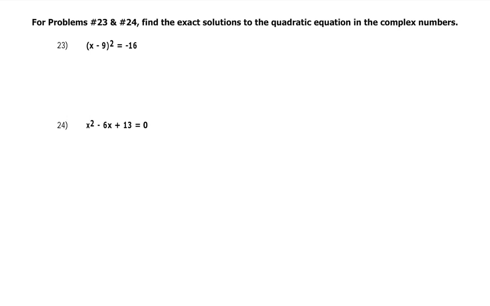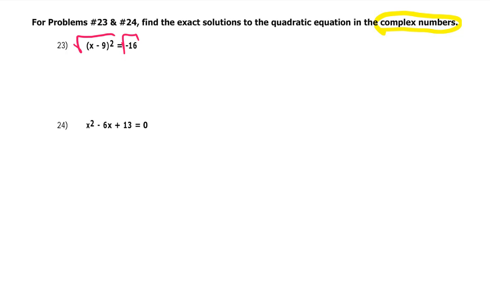Both of these problems you have to find the exact solutions, but they're going to be in the complex number form. Since the first one has parentheses squared by themselves, so the squared is isolated, I'm just going to square root both sides.